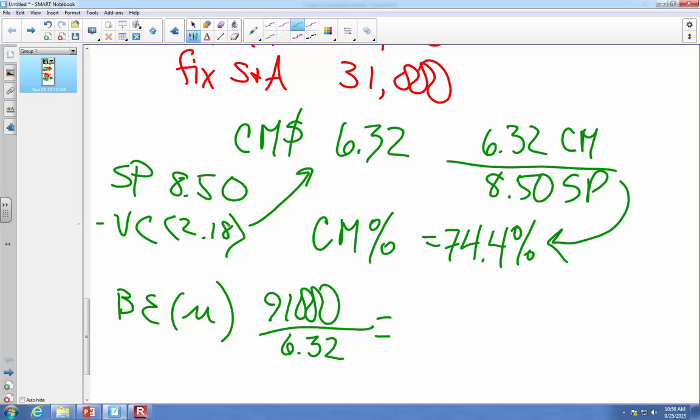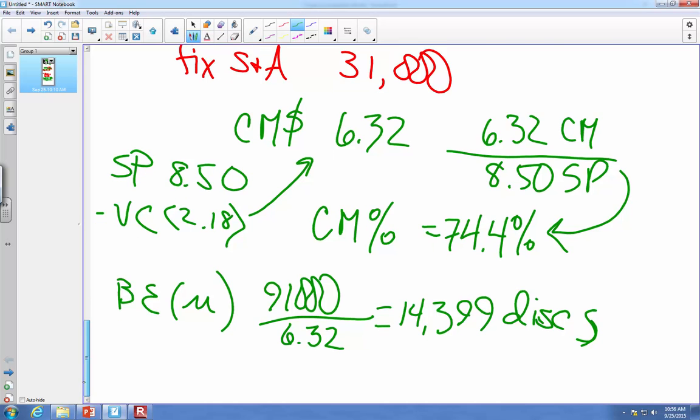That's what I got. 14,399. That's okay. 14,399 discs. I don't know if that's feasible or not, because I don't know who's in the market and who my distributors are, but we're just running some raw numbers here.